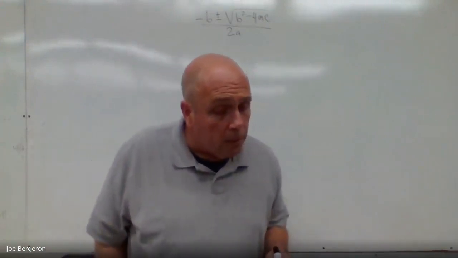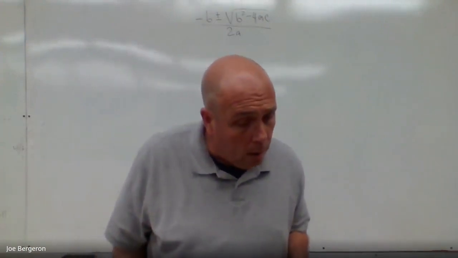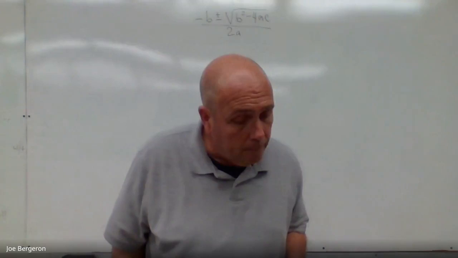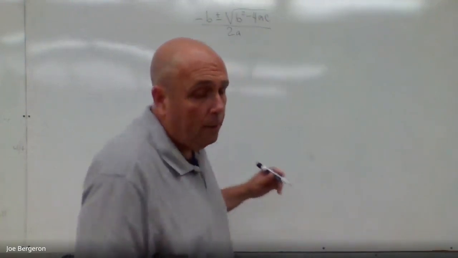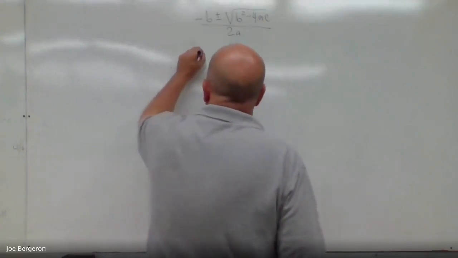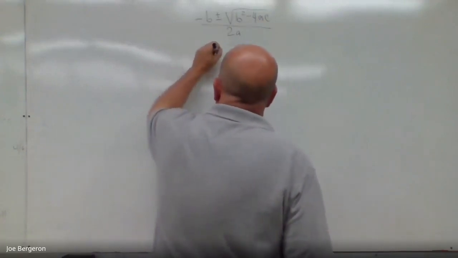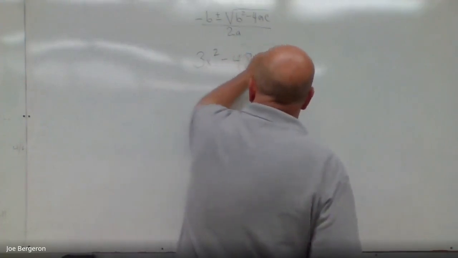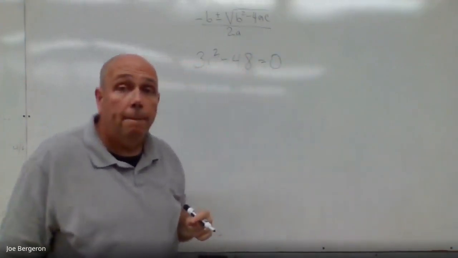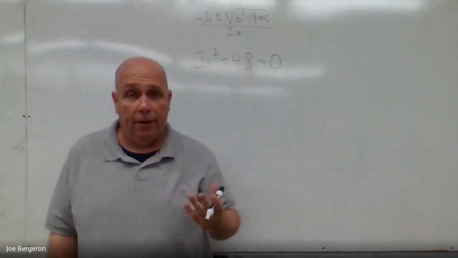All right. So our next equation would be 3x squared minus 48 equals 0. Okay. What do you see different here?